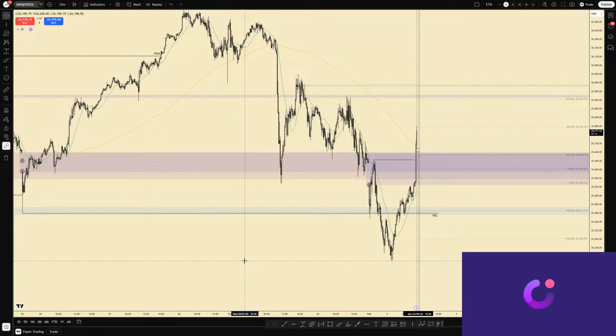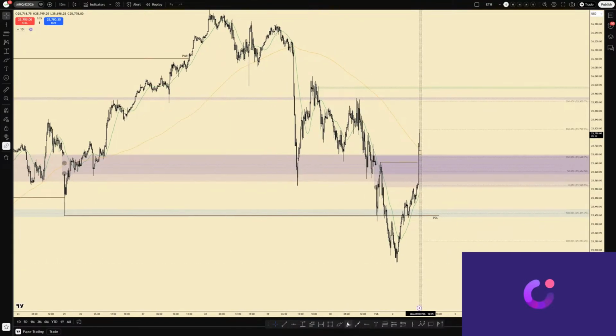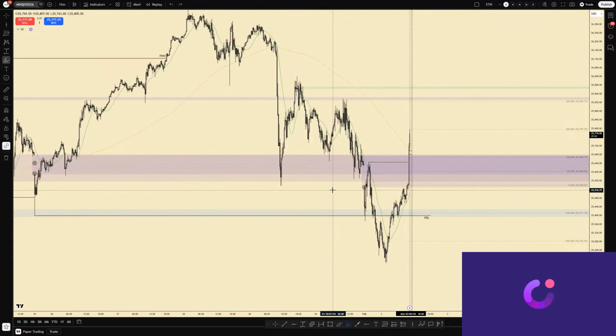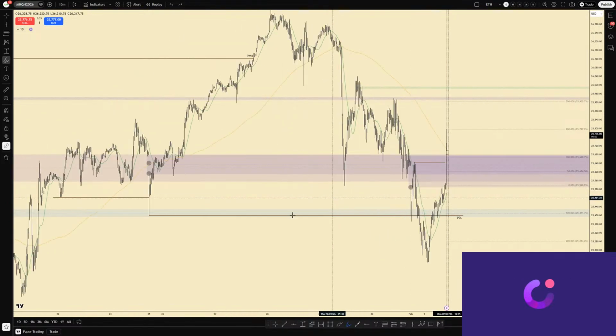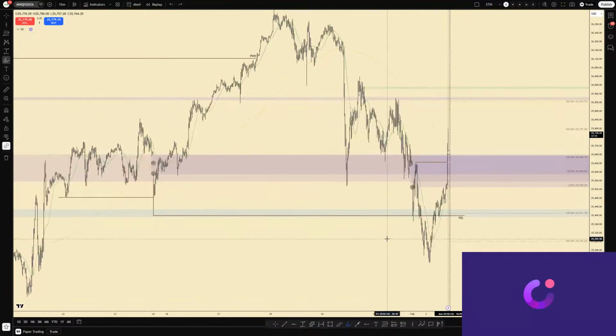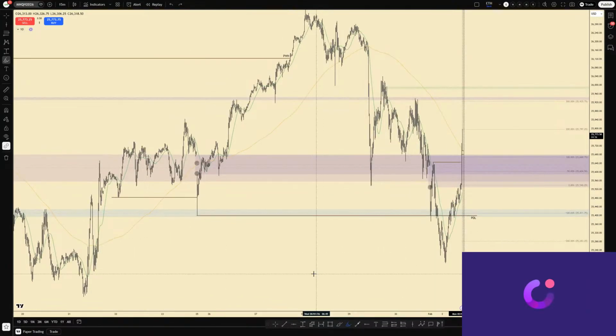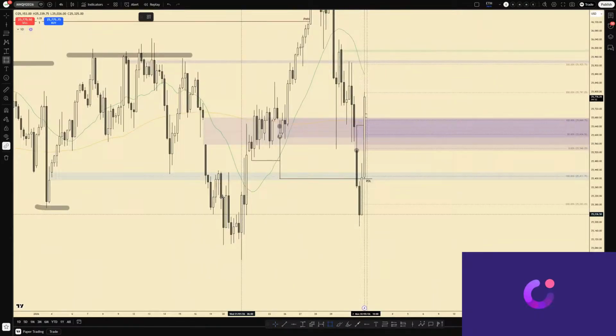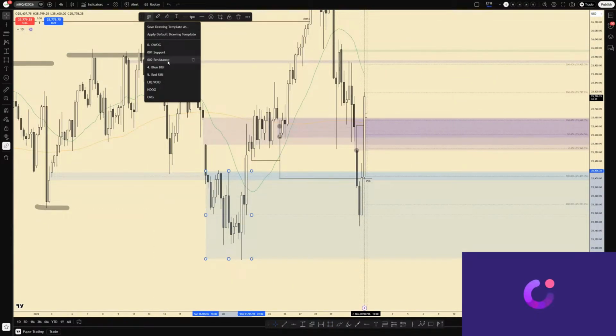You know, think of it like there is a force pushing price above, and there are some forces trying to push price below. And the force that pushes price above is this previous daily low and this 4-hour move origin, so a bigger time frame.